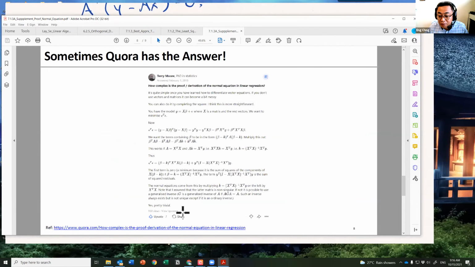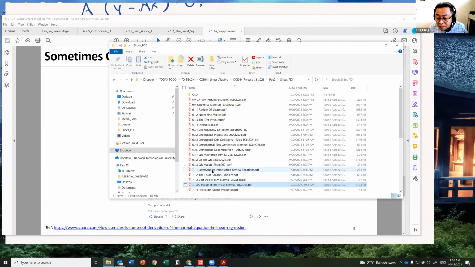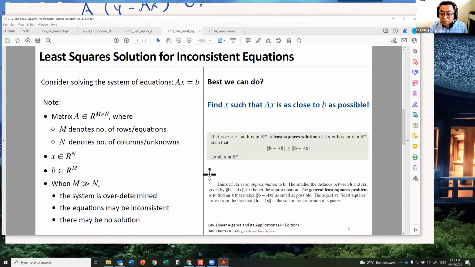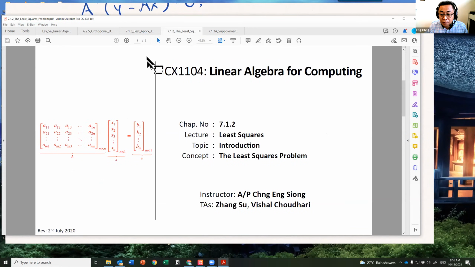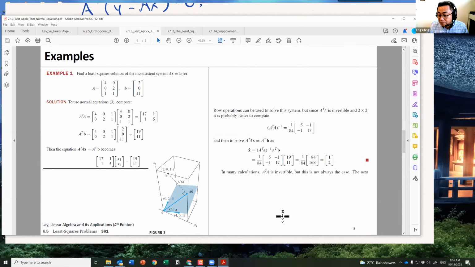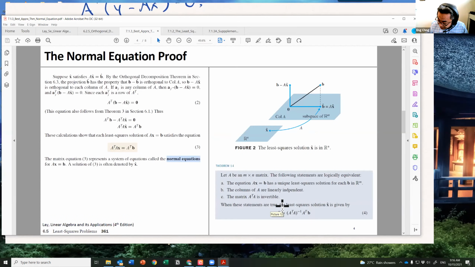Sorry, guys, I have to find my equations first. 7.1.2, 7.1.3. Ah, there. So this is theorem 14: A transpose A inverse A transpose. We use y, he used b, x hat. So this is in 7.1.3, page 4, and we are done.